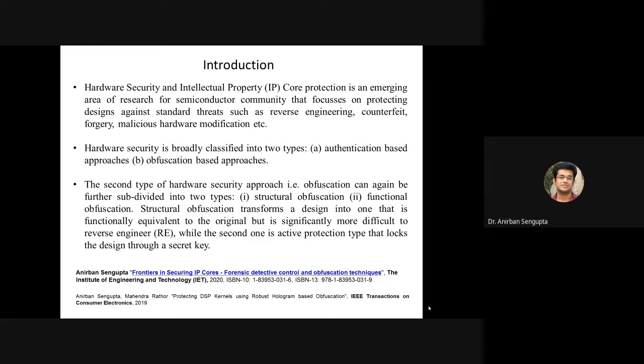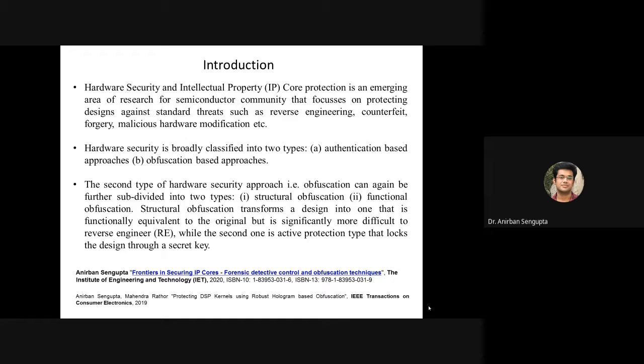These types of security modules can be broadly classified into 2 types. The first is called authentication-based approaches, and the second is called obfuscation-based approaches. The obfuscation-based approach can again be broadly subclassified into 2 types.